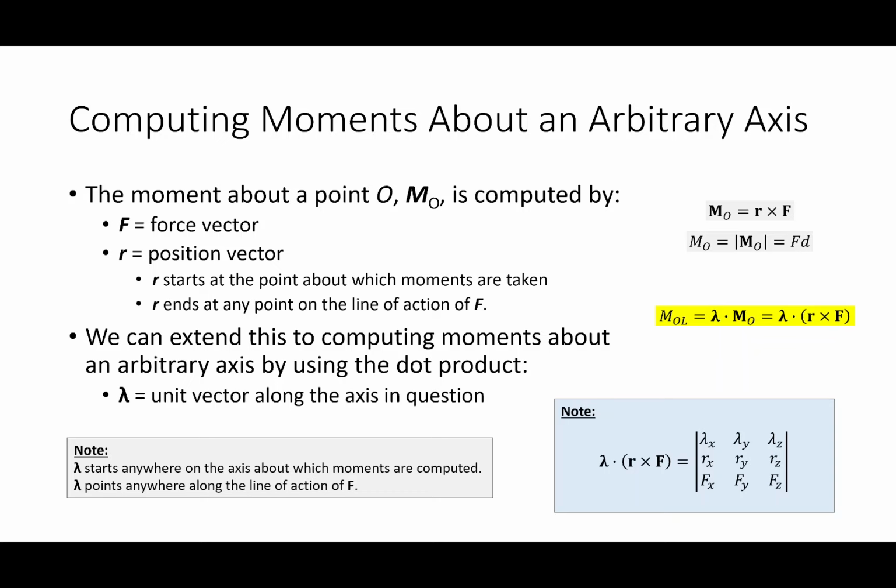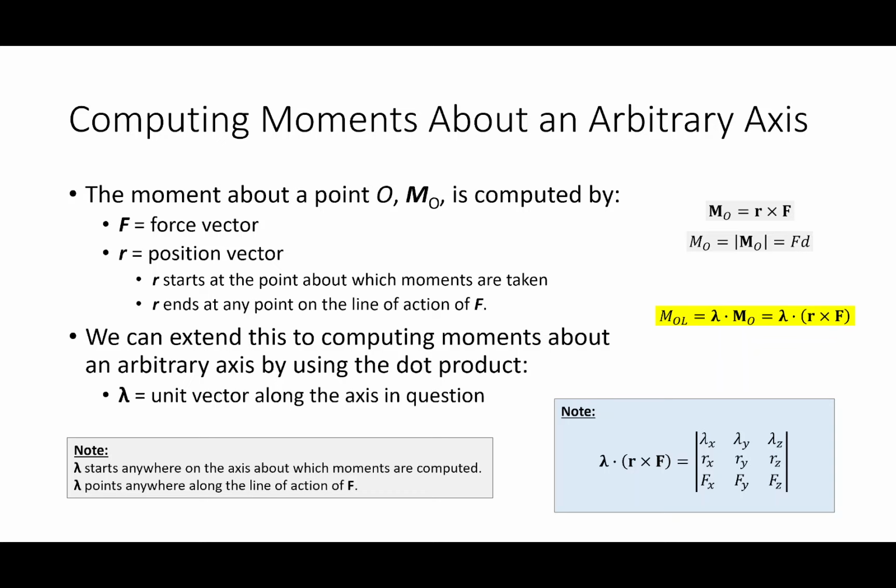So what we're going to do is determine this mixed product, or scalar product, by taking a moment vector and dotting it with this lambda, and the lambda is going to be about the axis in question. And again, why are we interested? Imagine you have a force out in space, you have a shaft or some element, how much is it twisting?